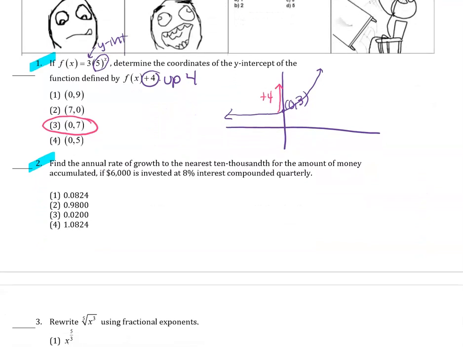Find the annual rate of growth to the nearest 10,000th for the amount of money accumulated if 6,000 is invested at an 8% interest rate compounded quarterly.